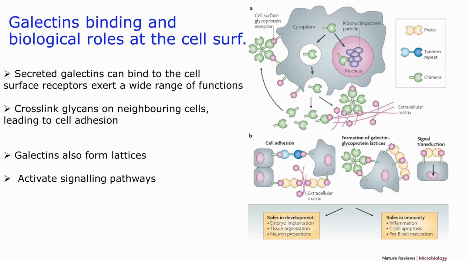They can interact with glycoprotein receptors and with the extracellular matrix. They can be involved in cell adhesion, for example galectin 9 and galectin 8. They have two CRDs, so they can bind two cells together. They can form lattices, and depending on the nature of those receptors, this interaction results in different signaling pathways. They have diverse biological roles in development and in immunomodulatory function.